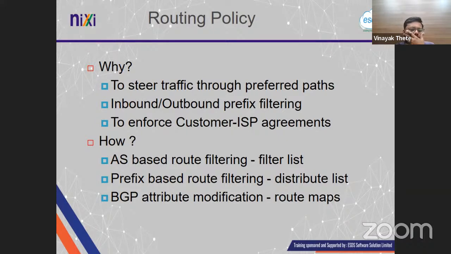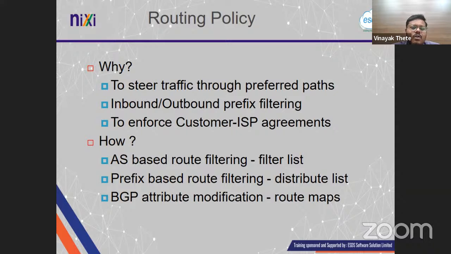Suppose I have taken the entire routing table, using the default local preference and all the default attributes. For my destination, it will take the best path. Suppose for my destination, a specific route, the best path is from Airtel.